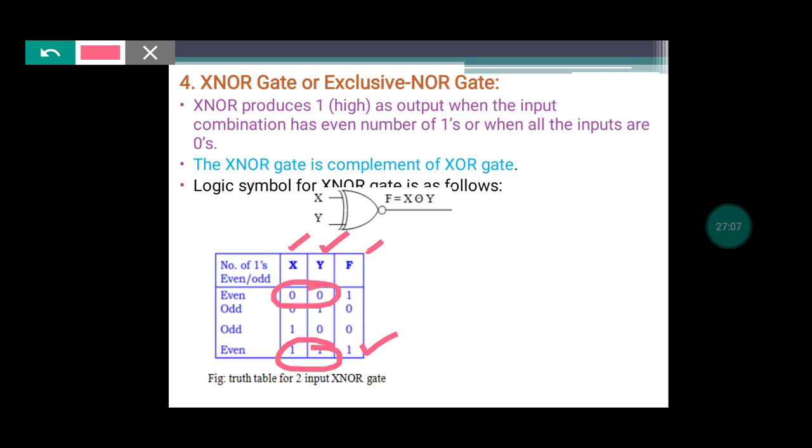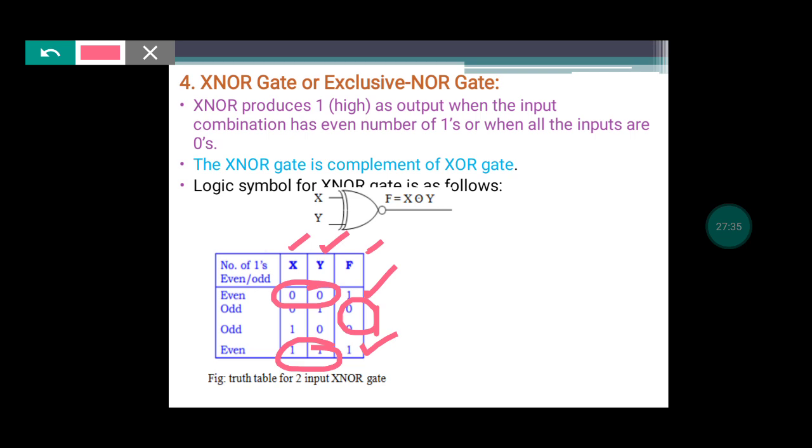That time also what will be the output? The output will be 1 or high. If we have an odd number of ones in the input signals, that time the output will be 0. For an even number of ones the output will be high for the XNOR gate. For an odd number of ones the output will be low for the XNOR gate.